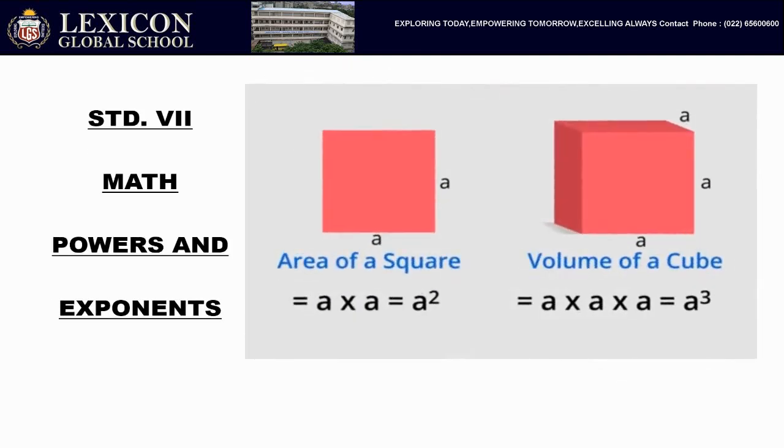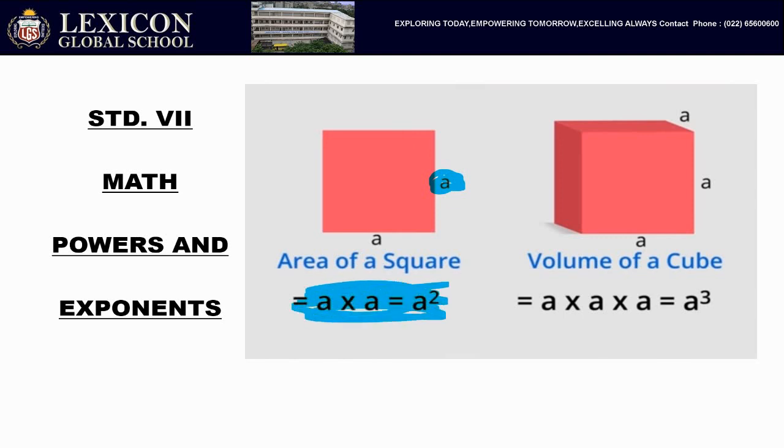If the length of a square is A, then what will be the area of a square? Yes, the area of a square is equal to A into A, that is side square.